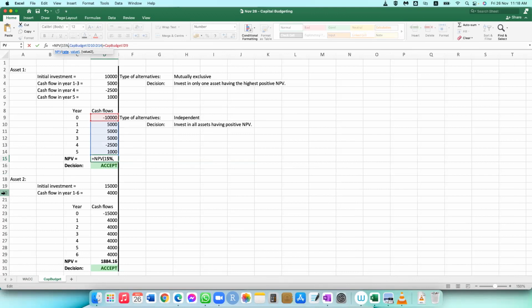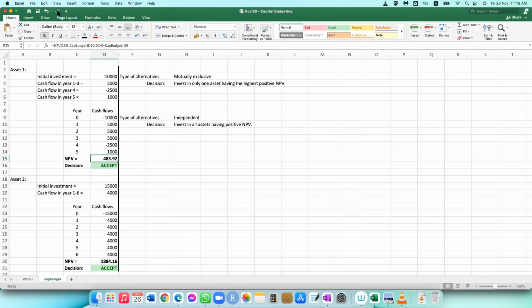Do you remember how much the NPV was before? Previously it was 11,151 at 11.08%. When I change the discount rate to 15%, that means I increase the discount rate, the NPV decreases.